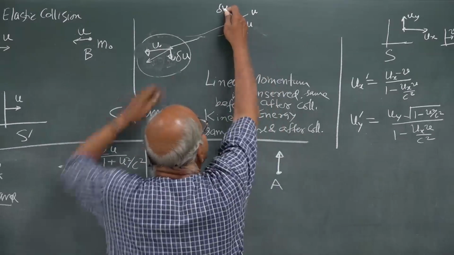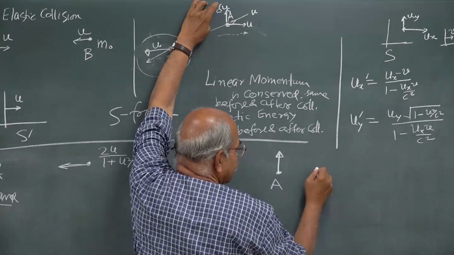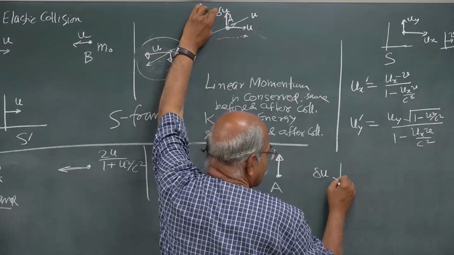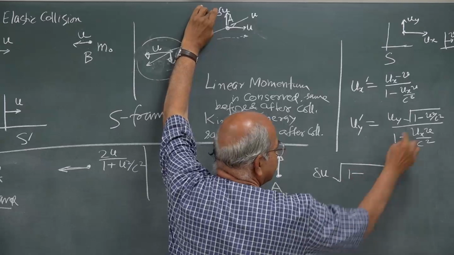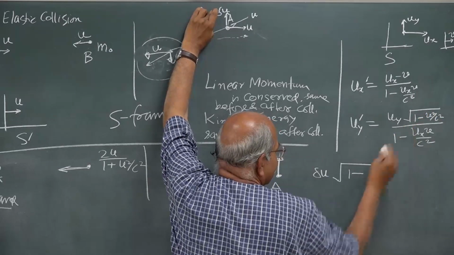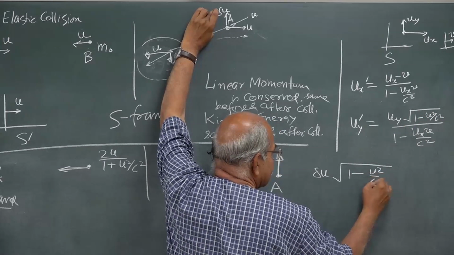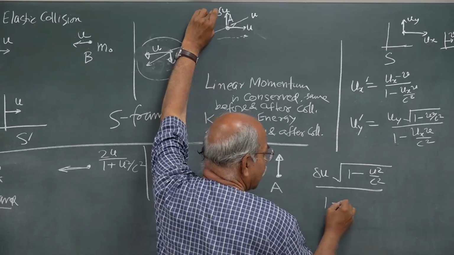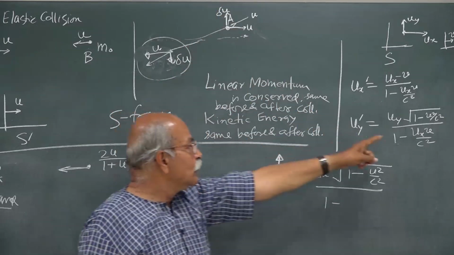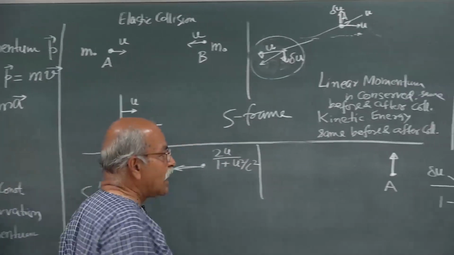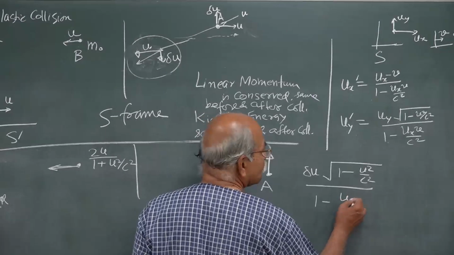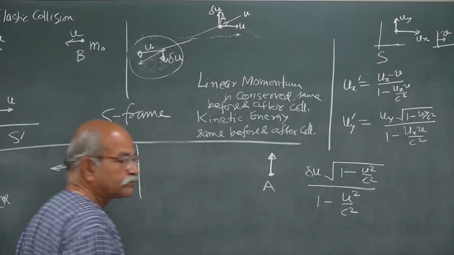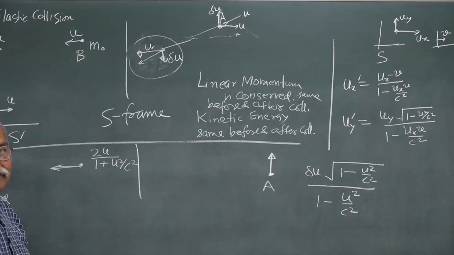So this will be uy, that is delta u, multiplied by the square root of 1 minus the frame velocity v, that is u squared by c squared, divided by 1 minus ux, so it is minus u, the frame velocity again u, divided by c squared.